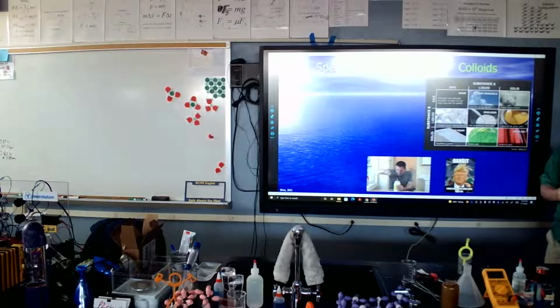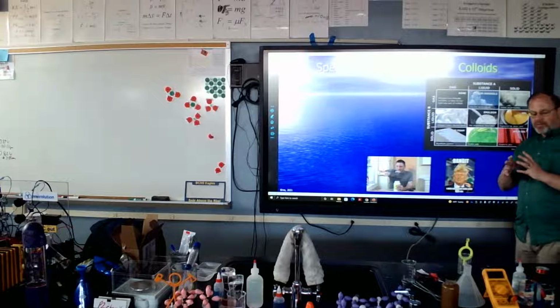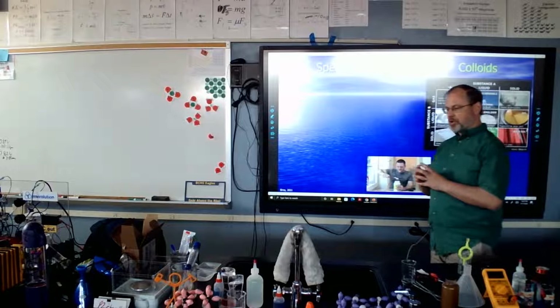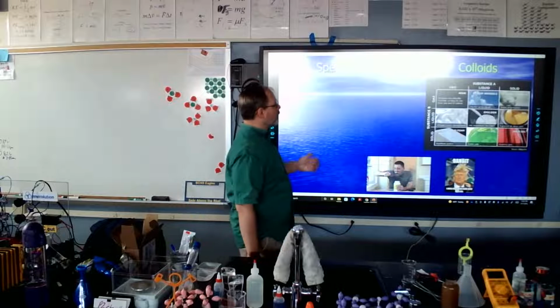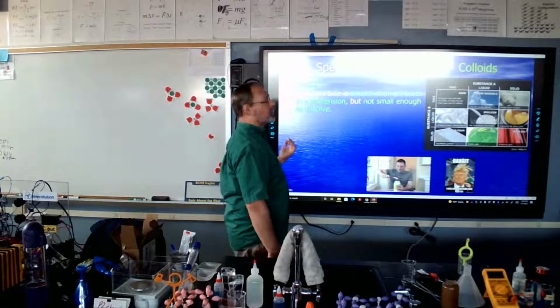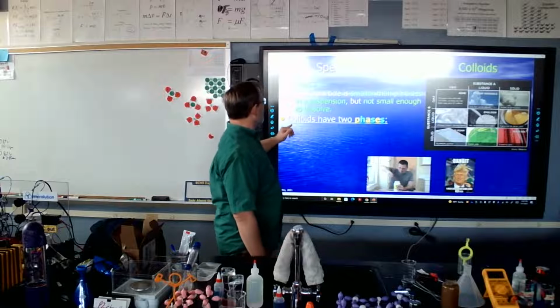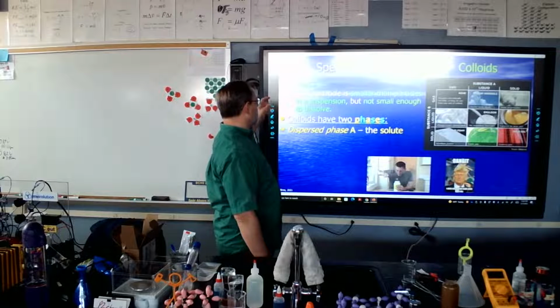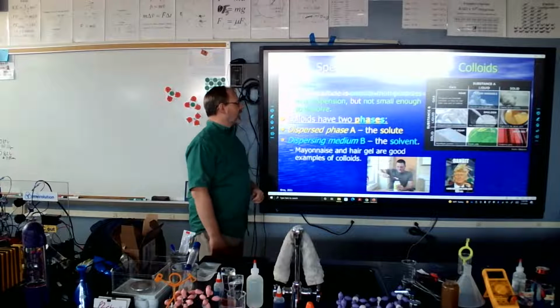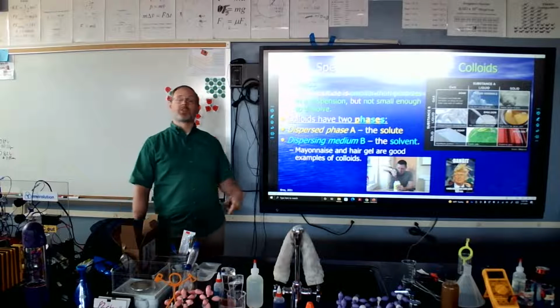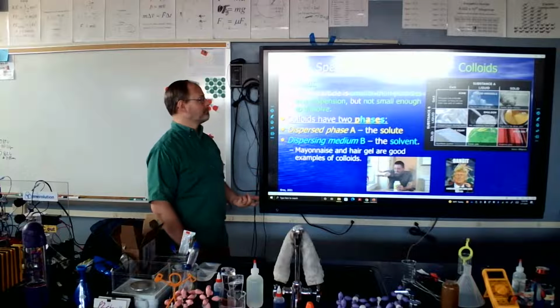They're right in the middle. So they form this mixture that gets dispersed. In fact, the thing that would be the solute is called the dispersed phase, and the thing that would be the solvent is called the dispersing medium.